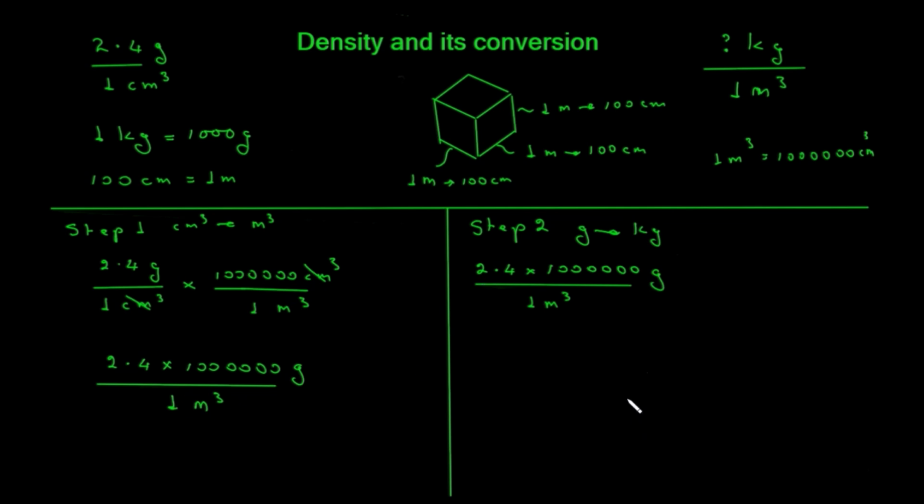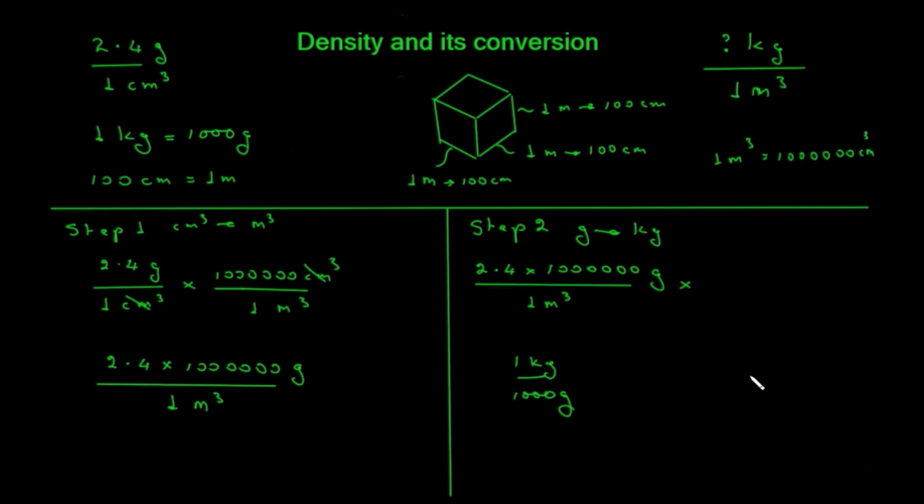We need to convert grams into kilograms. Well, our relationship, look, we can have 1 kilogram to 1,000 grams, or if need be we can turn it upside down the other way. But as it happens, this is the right way because this is underneath and that is on top, which means they will cancel.